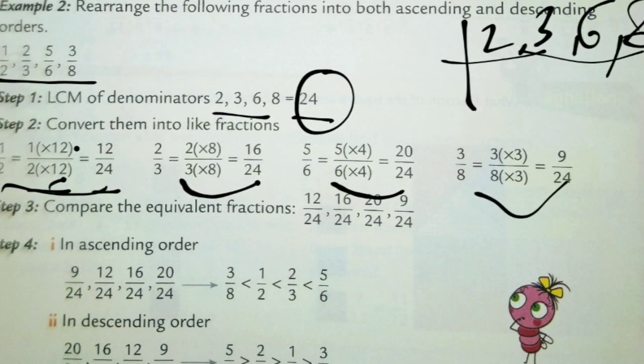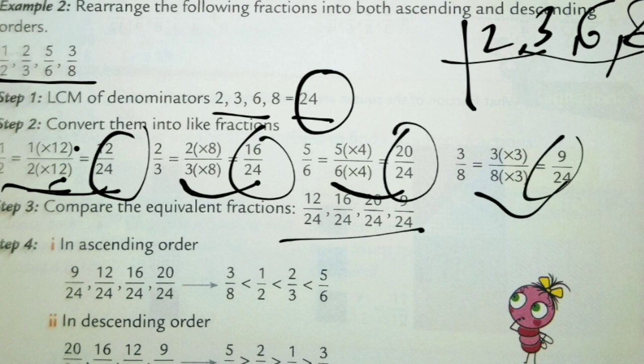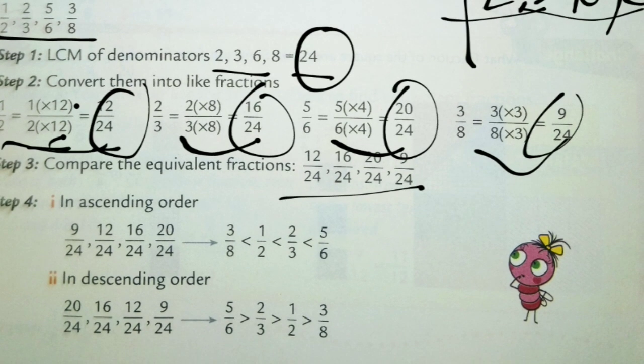So after this we will write all the numbers, then we will compare them. First we have to find the ascending order. Ascending order means smaller to greater. So the first number is 9 upon 24, 12 upon 24, 16 by 24, 20 by 24.